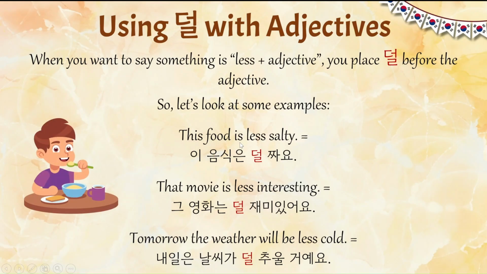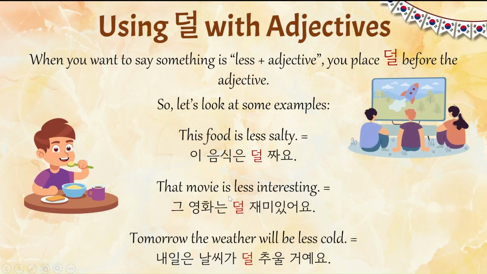This food is less salty. Suppose you have to say this food is salty. 이 음식은 짜요. Simple. You have to say less salty. 덜 짜요. Very easy. You place 덜 before the adjective. 이 음식은 덜 짜요.